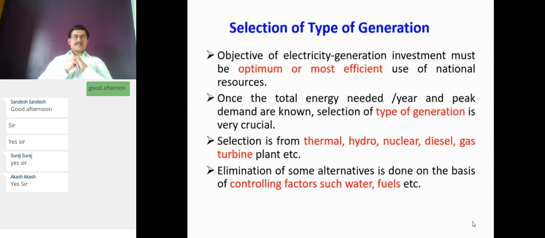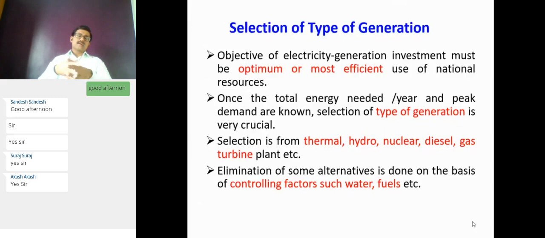So let us start with the selection of the type of generation. Four important points are mentioned on this slide. The objective of the electricity generation investment must be the optimum or the most efficient use of the national resources, because whatever input we are giving for the generation of electricity, it may be possible that some of the resources are available with you only.